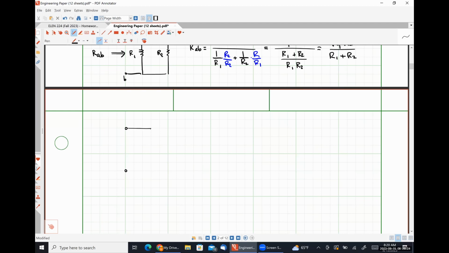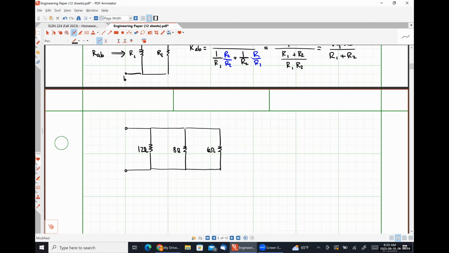So let's say that we have... trying to think of something off the top of my head where the numbers will work out reasonably pretty. 12, 8, and 6.